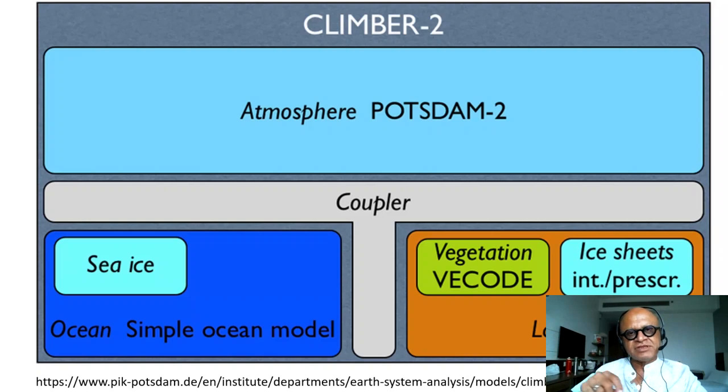So atmosphere is integrated, let's say, for an hour. Ocean is forced with those fluxes, and then the ocean reaches its new state, and then it feeds back to the atmosphere: the sensible, latent, longwave, and of course radiation is coming from above.